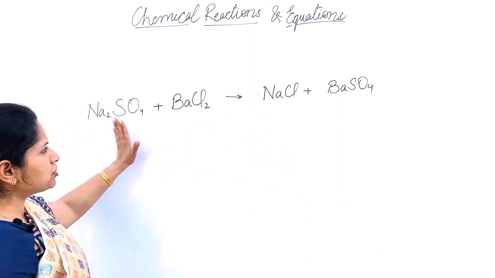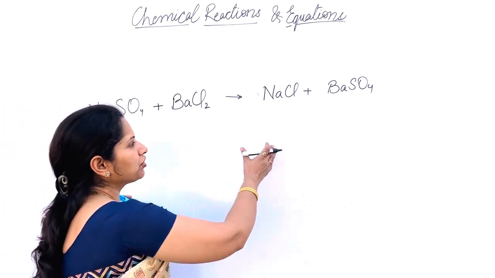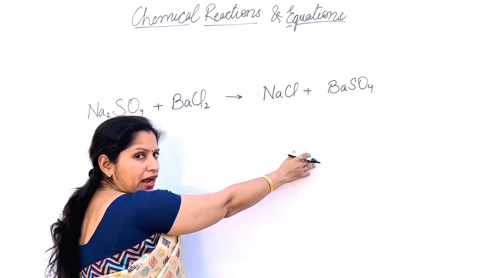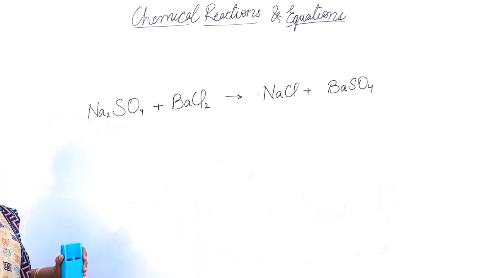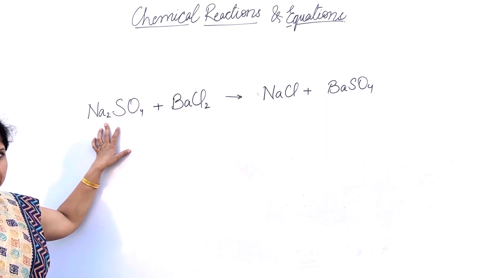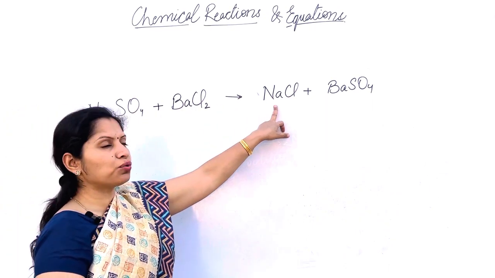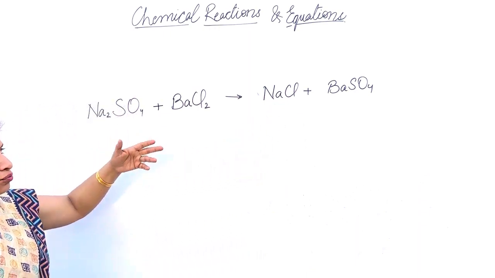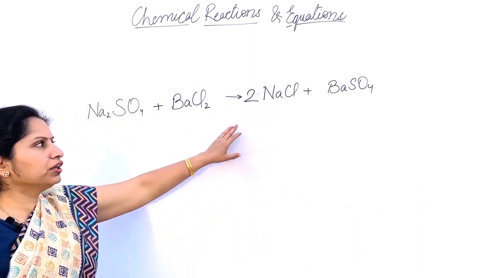We have to just check that the number of atoms of every type of atom on the right hand side and left hand side should be equal. So if I start from sodium, just see, it's 2 atoms of sodium here and here just 1 atom is there. So to balance that, we need to have 2 molecules of sodium chloride.